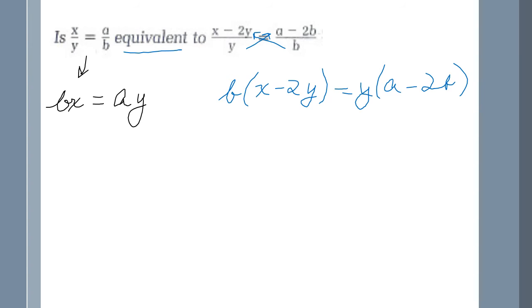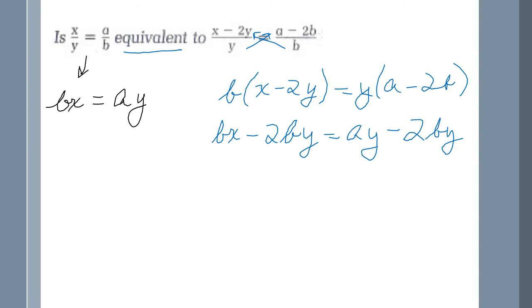So I end up with, by the distributive property, bx minus 2by equals ay minus 2by.